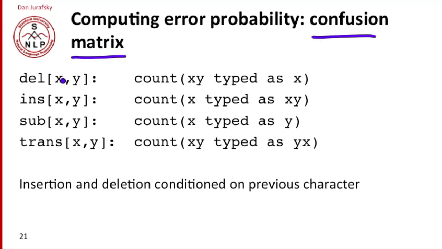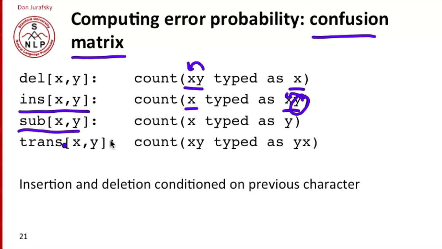So for example, for the pair of letters XY, we want to know how often XY is typed as X, meaning how often is a Y deleted when there's an X right before it. We're also going to keep a count, for insertion probabilities, of how often an X was typed as XY. So how often is Y inserted after X? So Y deleted after X, Y inserted after X.